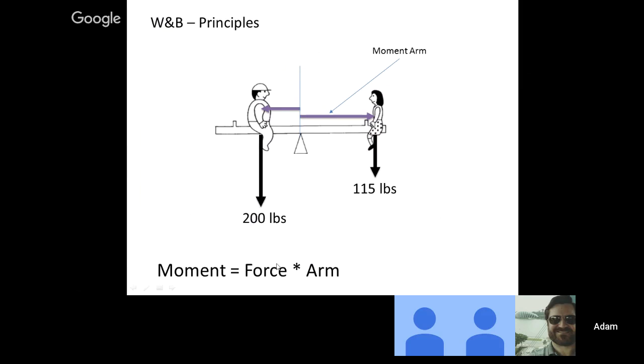You would take the 200 times the 10 inches. Right now, since the seesaw is completely level and balanced, the moments on each side of the seesaw are equal. So since you know their weights, you could figure out what these individual distances are. So the moment equals the weight or the force times the arm.